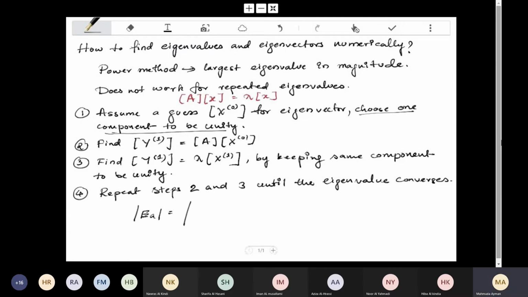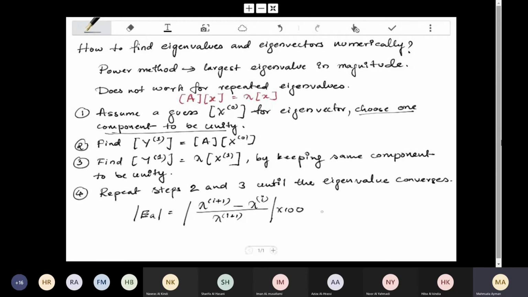So here we will take the eigenvalue of the present step, let's call it i plus 1, minus the previous step, eigenvalue i, divided by the eigenvalue at the present step, times 100.